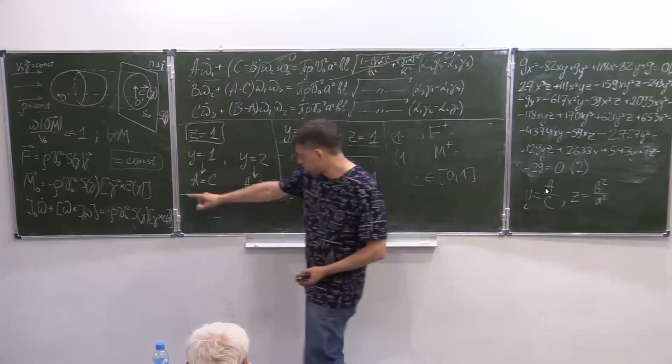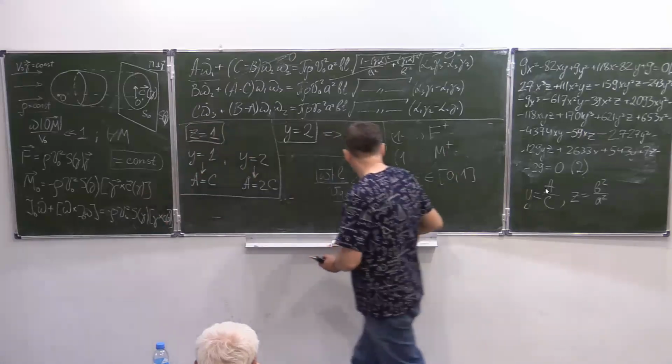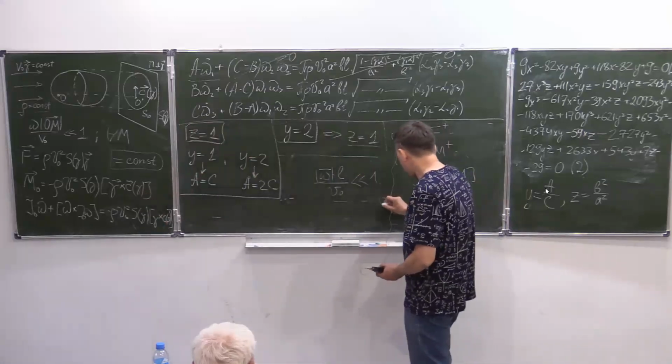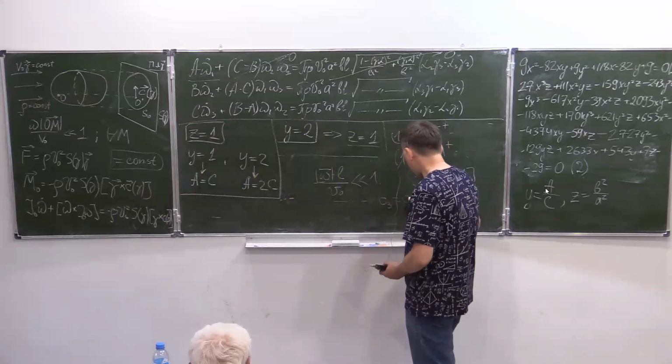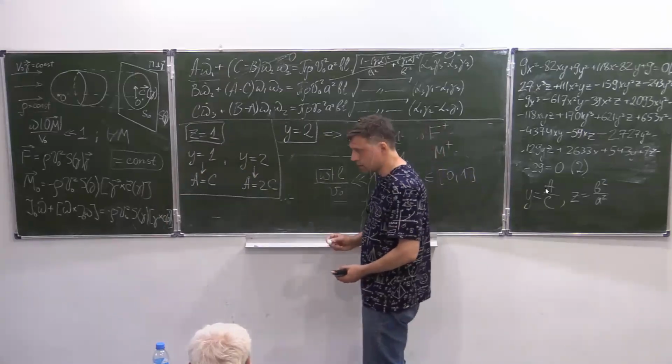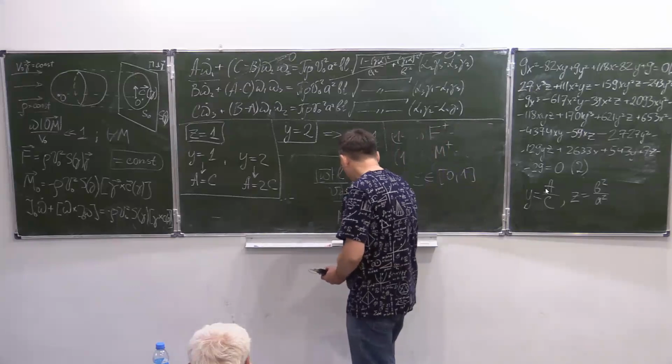Вектор c от гамма, и компонента c3 равна нулю, а моменты инерции, я напишу сейчас вот так.